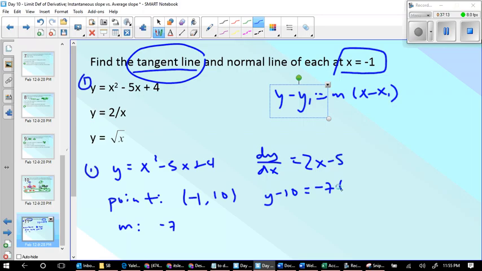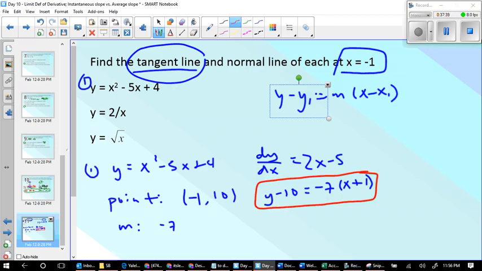If you put it in slope-intercept form or any of those other forms, if you simplify this and make a silly mistake while you're simplifying it, you would have gotten full credit by writing this right here. If you simplified it, made a mistake, you would lose a point again and you will be so sad. Okay, so no need to simplify. Just leave it like this. Okay, so that is my tangent line for the first one.